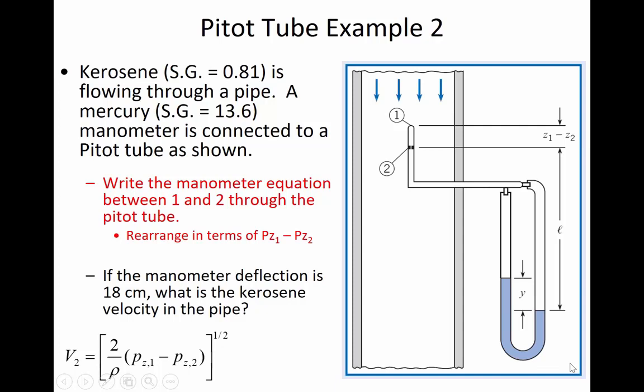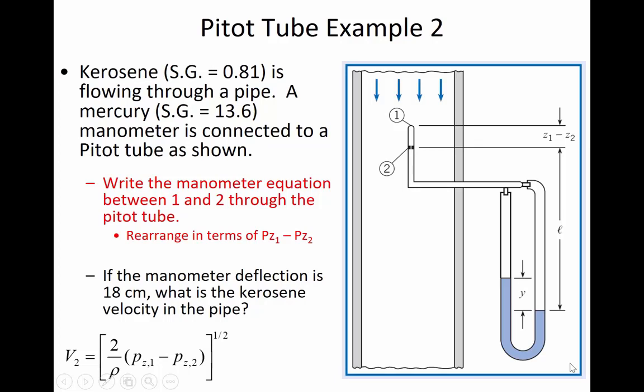Once you get that manometer equation written, rearrange everything, so you're doing your algebra rearrangement so that we have P sub Z1 minus P sub Z2 is equal to what?